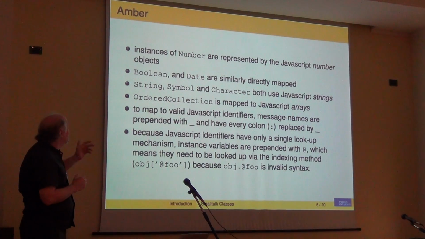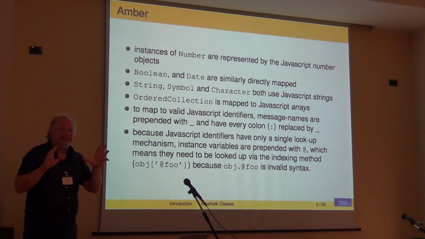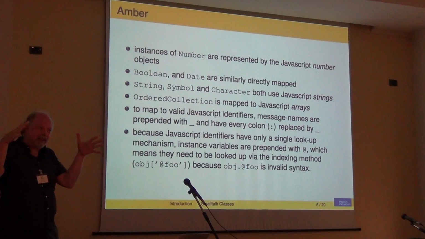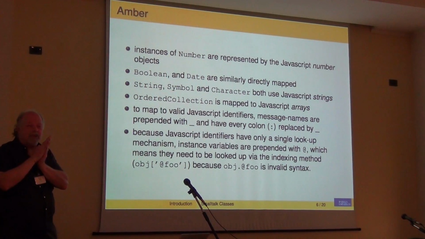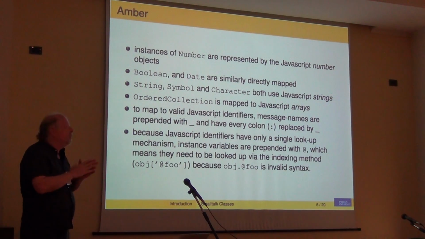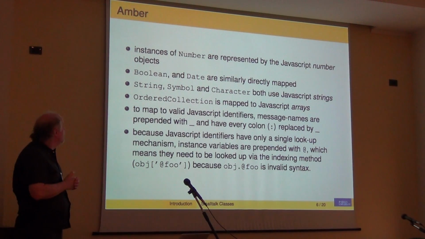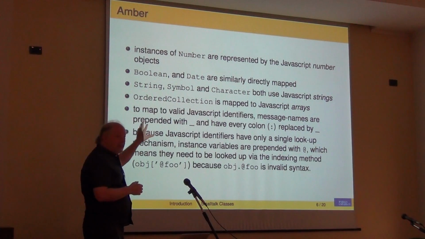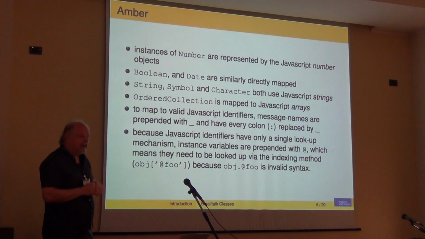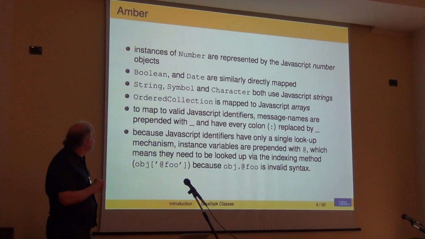It's a sort of condensed class structure from Smalltalk, so all numbers are floating point numbers, because that's the only kind of number that JavaScript has. Classes that have a corresponding class are represented by that class.